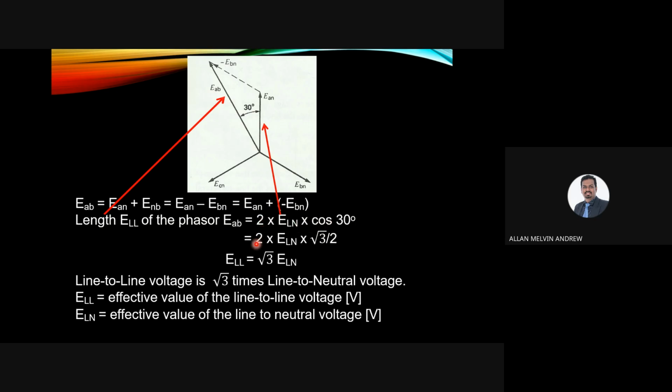When you solve this, you get ELL equals square root of 3 times ELN. So you can use this formula for your calculation. It means that the line to line voltage ELL is square root 3 times more than ELN, the line to neutral voltage.